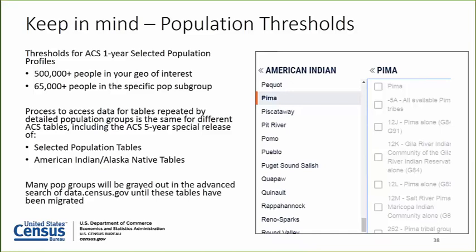The threshold for ACS 1-year SPPs is that it must have a minimum of 500,000 people in the geography, and then at least 65,000 people in that specific population subgroup. So a lot of times you see a lot of graying out. But once we have 5-year SPPs for AIAN and also the decennial detailed population information, then those things will start fleshing out a little bit more.